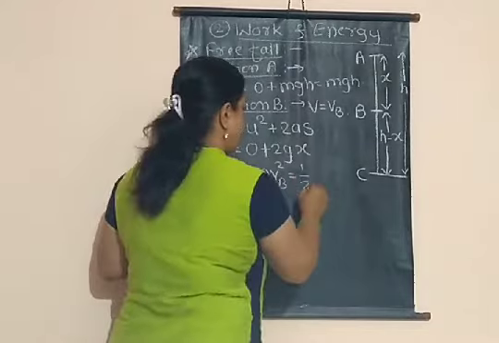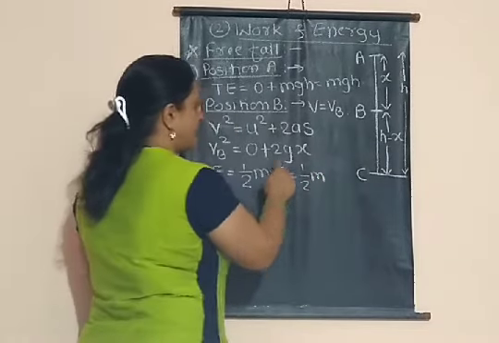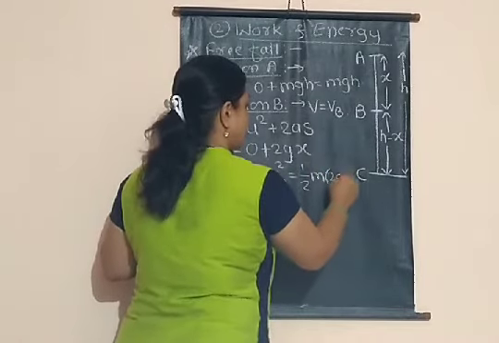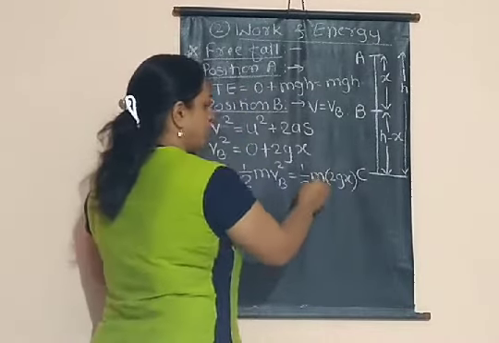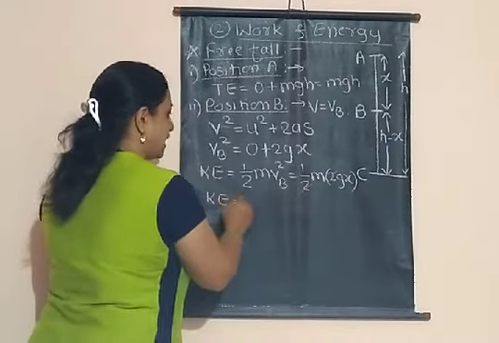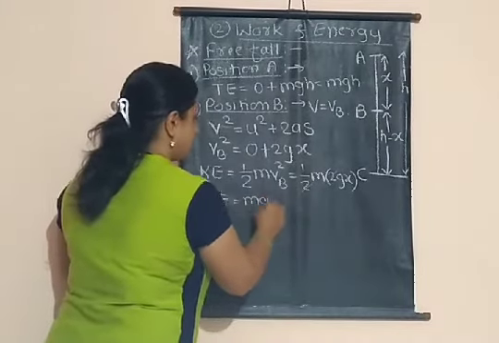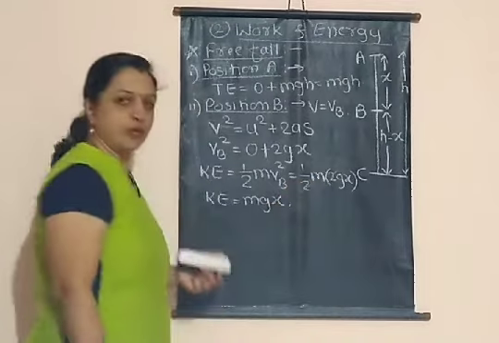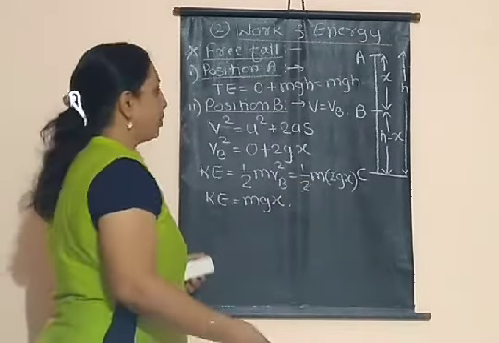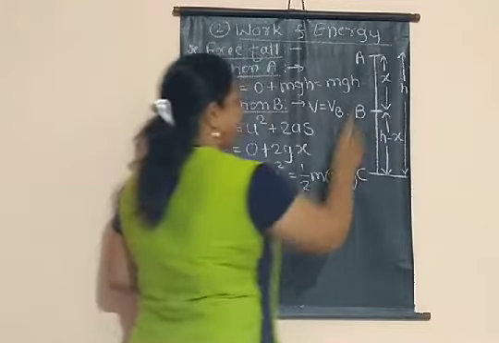So we get half m as it is, and Vb square is twice gx. Now this 2 and 2 get cancelled and we get the kinetic energy equal to mgx.